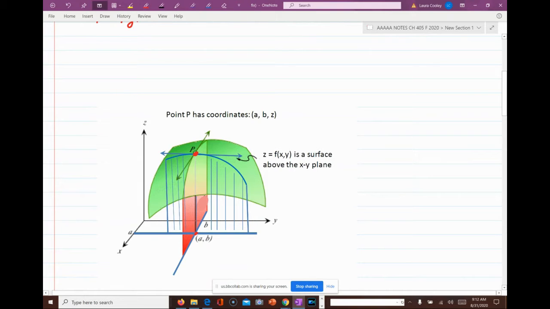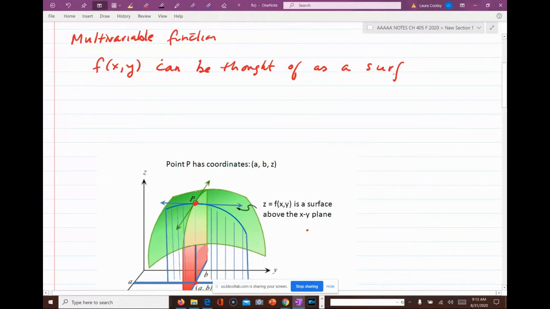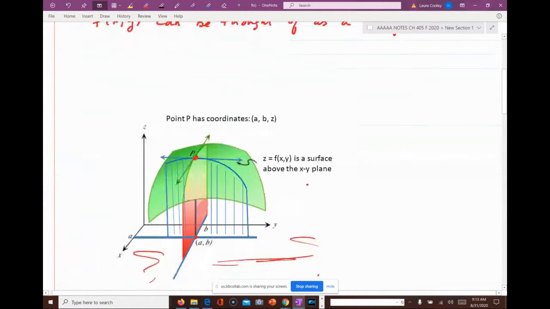It doesn't have to be above; it could be below the xy plane, but it is a value that corresponds to every point in this entire xy plane, and if you connect all these points together, you would have a surface.